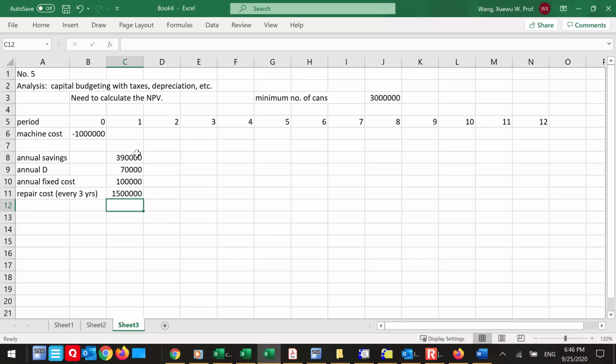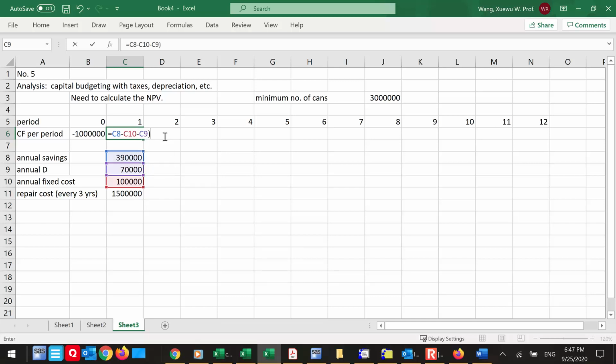All right, so if that's the case, I can actually think about the cash flow from this incremental project. Okay, so this is the initial machine cost, and now I'm thinking about in the first year you're going to have this amount of savings, but then you're going to take out the annual fixed cost, and then you're going to take out the repair cost every 3 years. So there's no repair cost. And if that's the case, I need to take out depreciation.